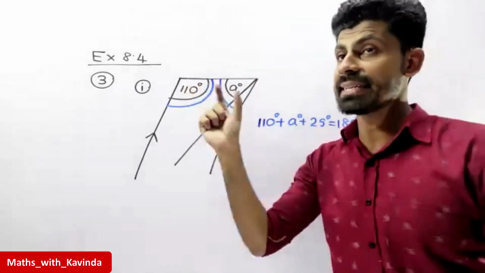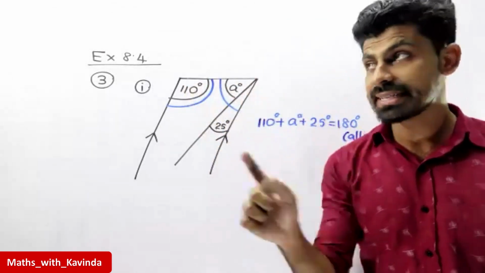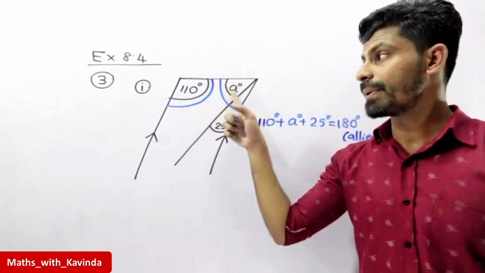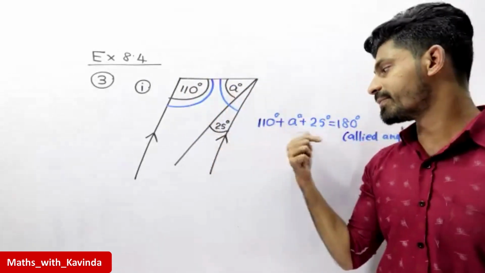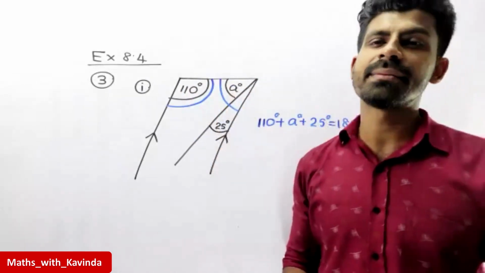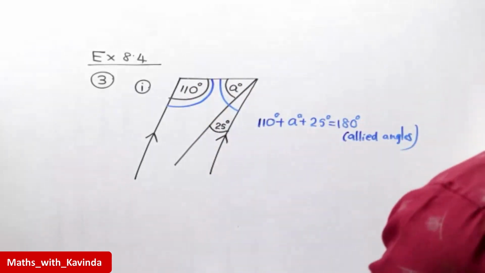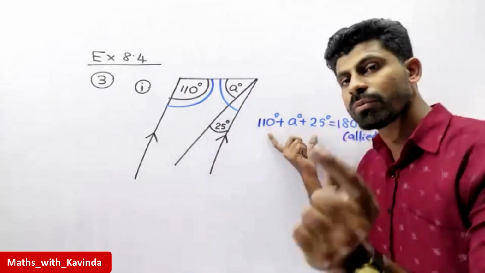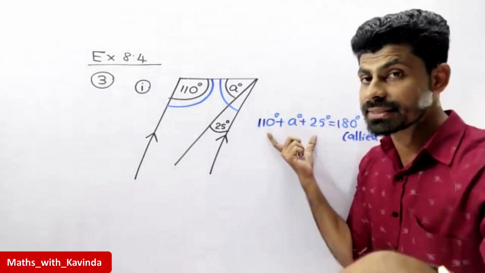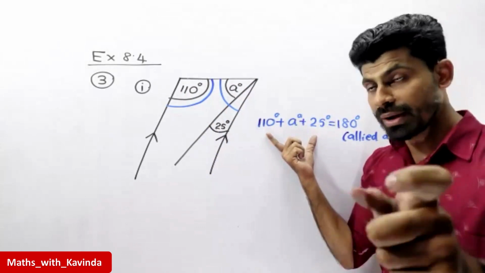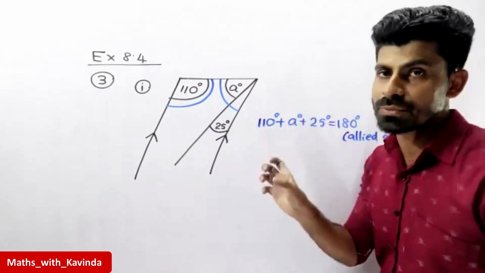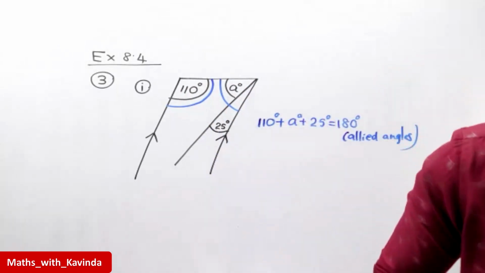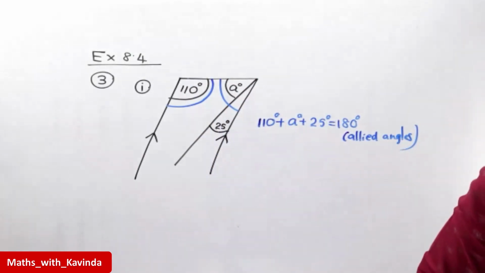Allied angles add up to 180. 110 plus A plus 25 equals 180. 110 plus 25 is 135. So 135 plus A equals 180.